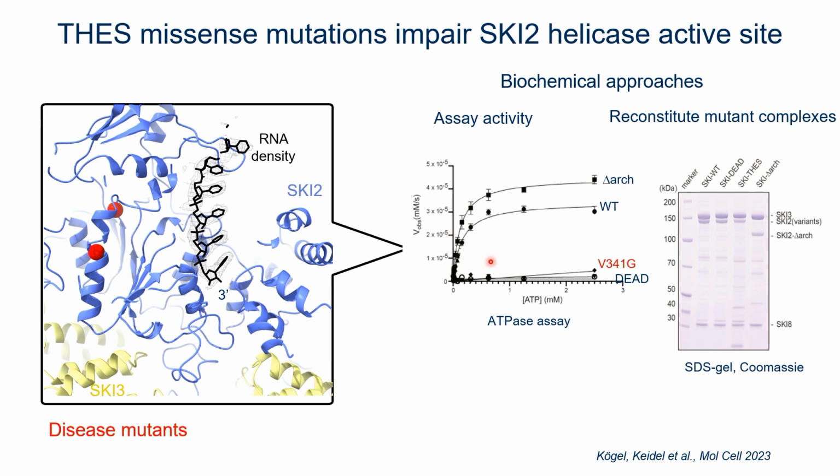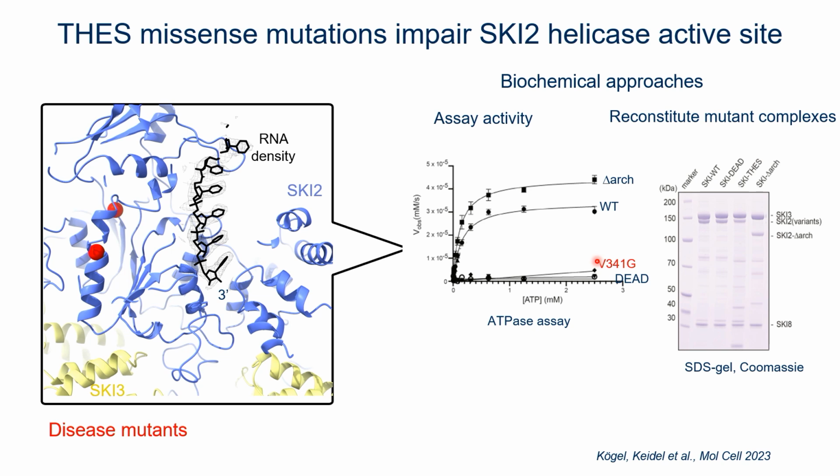And so what we can do is to reconstitute the complexes biochemically, both in the wild type form and in a mutated form, and ask, does it affect the activity as you would expect? And in fact it does. This is the wild type and this is now one of these two mutations here. What we're looking at here is an ATPase assay.